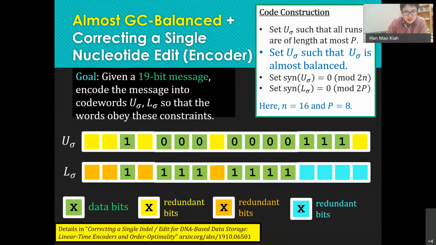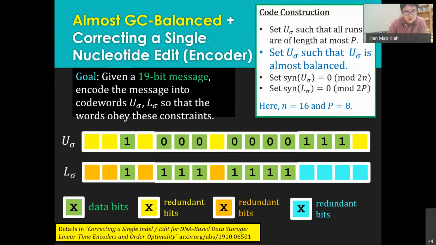Here, n is chosen to be 16 and p to be 8. We are given a 19-bit message, and we want to encode it into two codeword sequences, the upper and the lower, so that these constraints are met. The green positions are where we put our data bits, and the other 13 positions are our redundant bits.